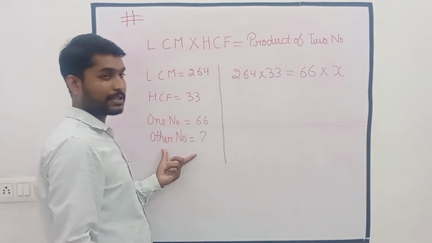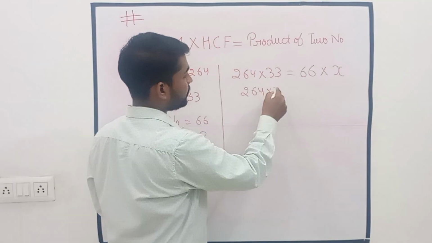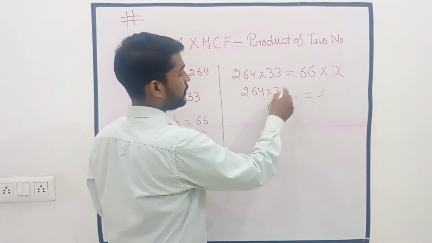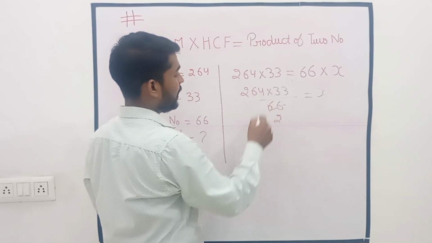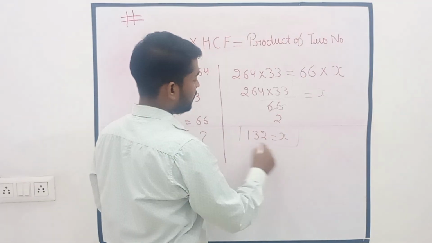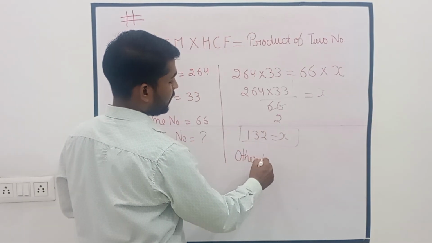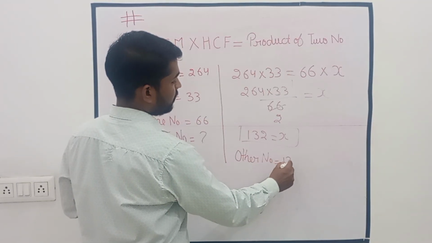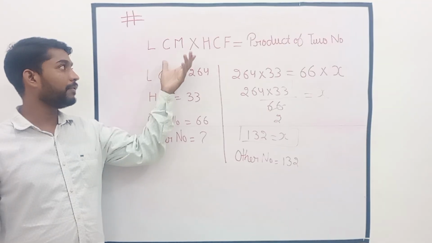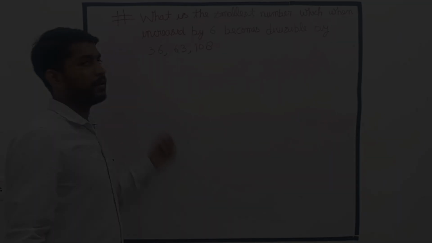Assume the second number is x, so we divide 264 times 33 by 66 to get x. That gives 132, so the other number is 132. The concept is that the product of the HCF and LCM of two numbers is equal to the product of the two numbers.